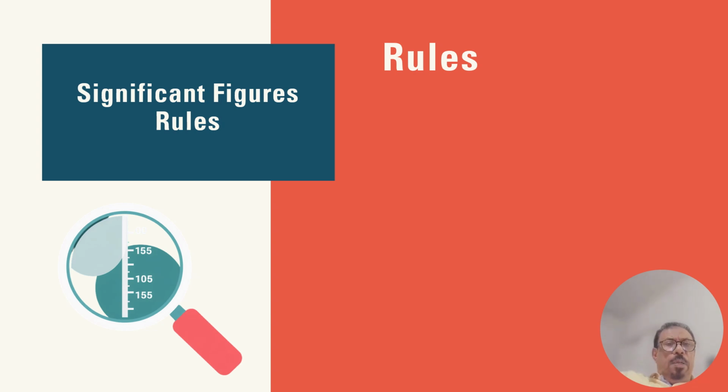There are 4 rules. All of these rules are concerned about zero. The rules define which numbers are significant. The first rule: all non-zero digits are always significant. For example, 1, 2, 3 has 3 significant figures.